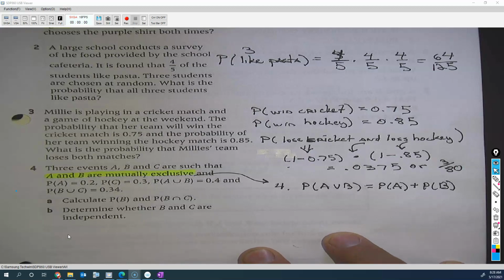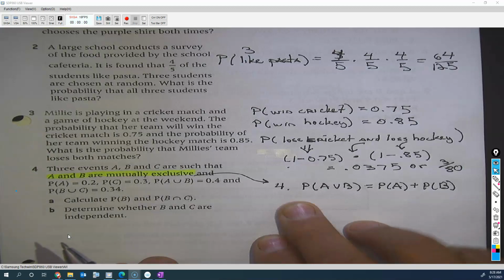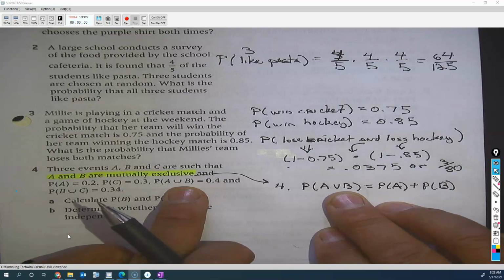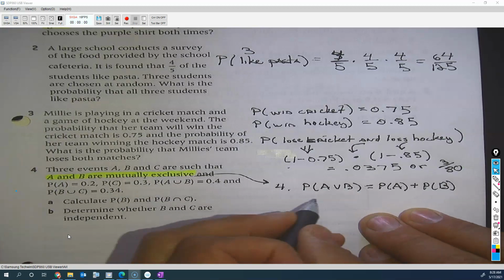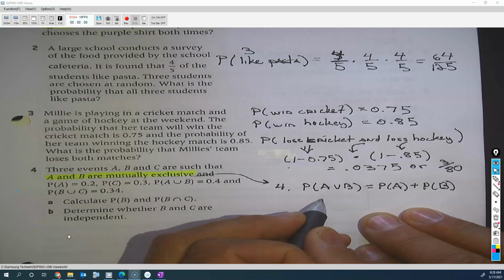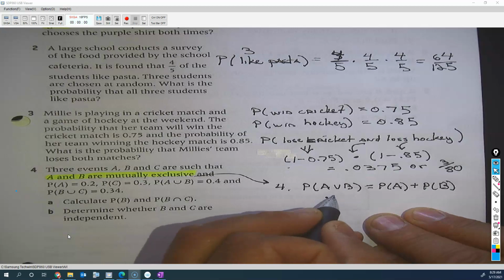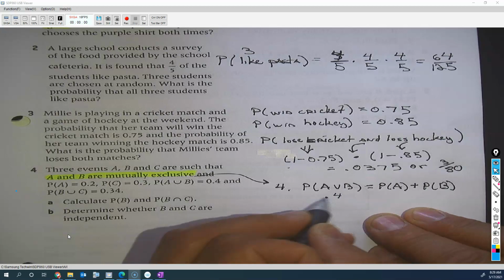Okay. All right. Now what you're going to do is plug in what we know here. We know the union is 0.4. Okay, so this is 0.4.